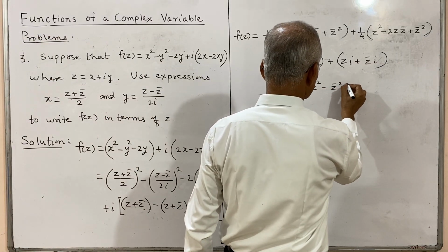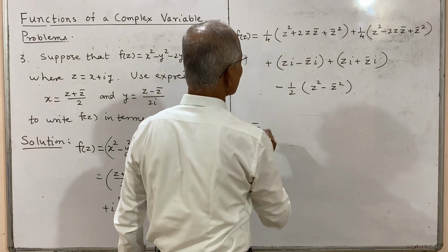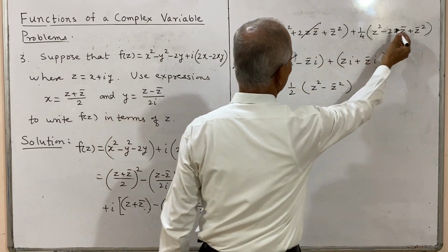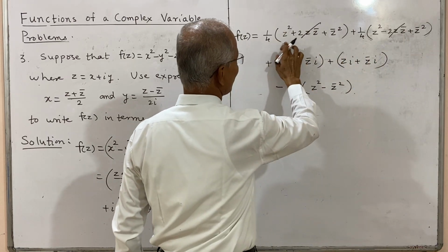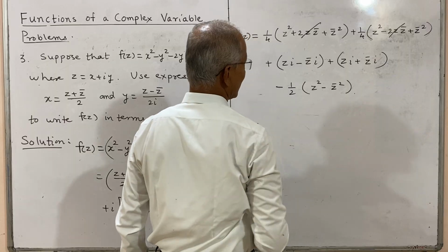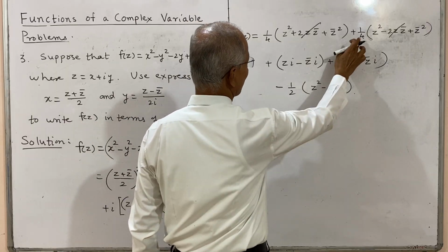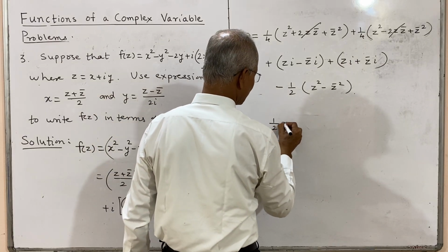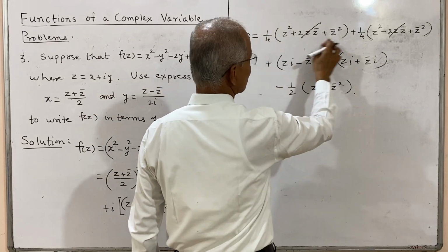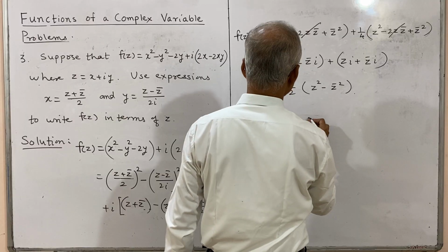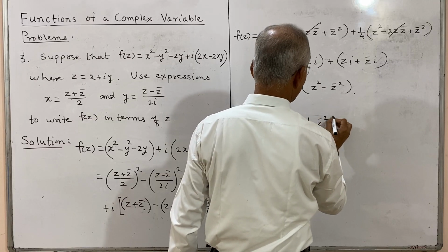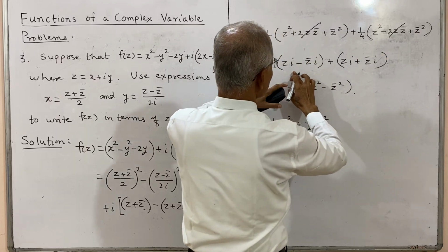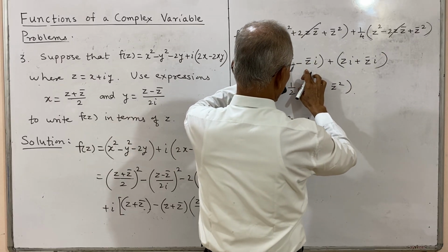And now you see which term cancels is this one, and 1 by 4 z square plus 1 by 4 z square, that is 2 by 4, that is half z square, and similarly plus half z bar square. So these two terms are added, and now this is zi minus z bar i.